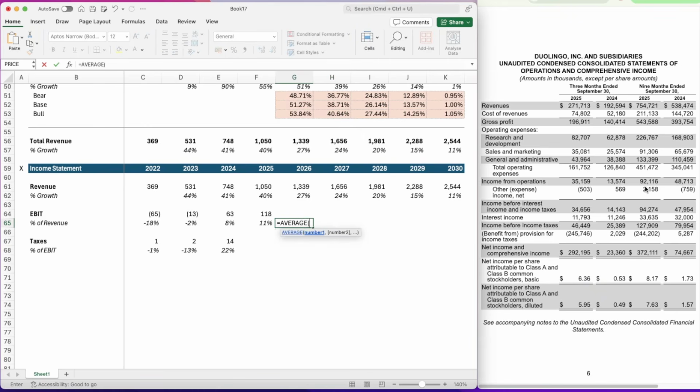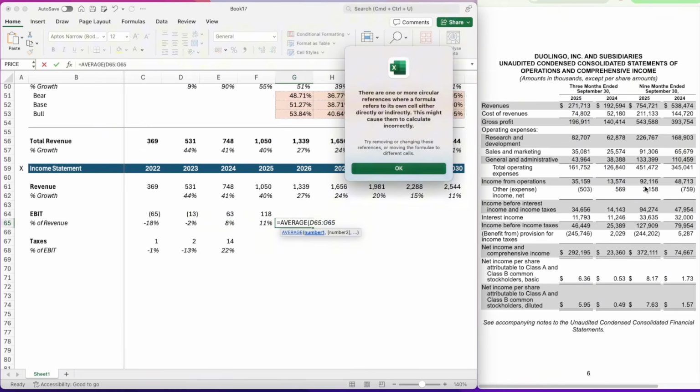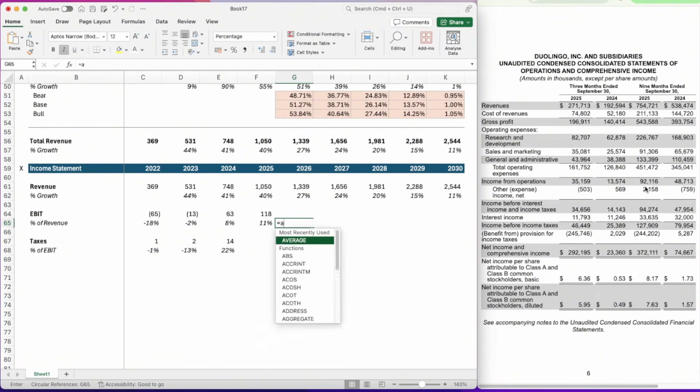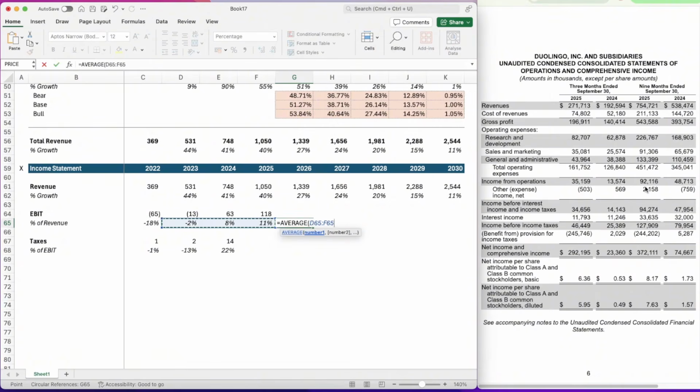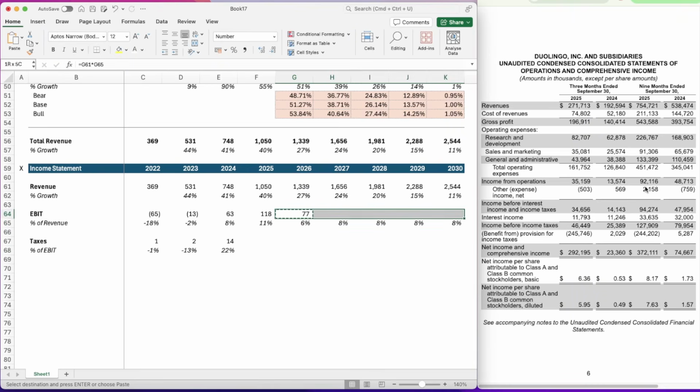An average. Pull that along. This is just the placeholder, this EBIT. It's not the one we're actually going to use for the unlevered free cash flow. That will come later on in the model. You'll see as we get to.